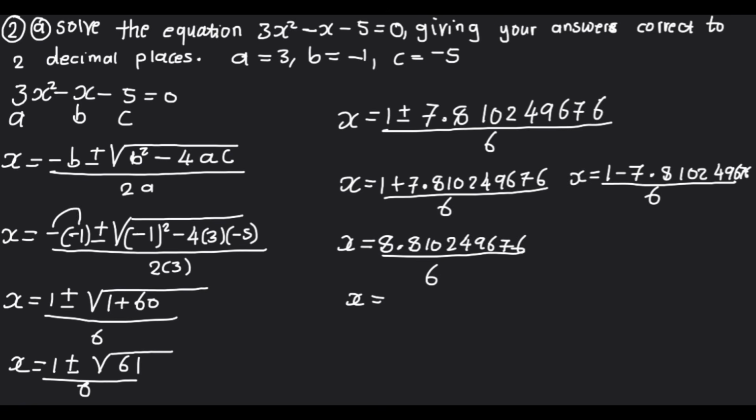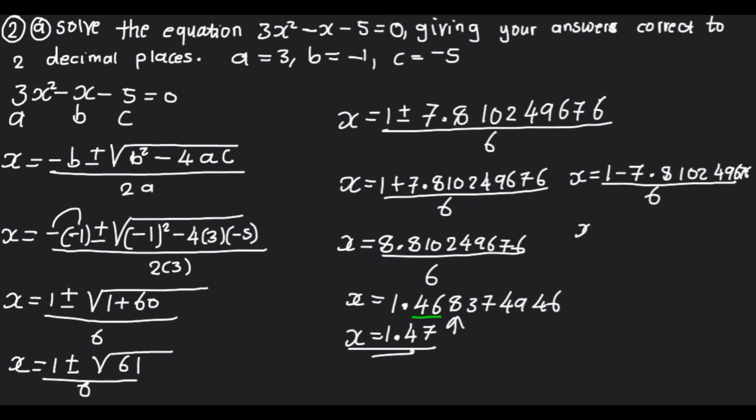Then if we divide by 6, then I'm getting 1.4683744946. Then since we are told to leave our answer correct to 2 decimal places, we just want 2 numbers after the decimal point. So we are going to have 1.47, since the 6 becomes 7 because the number after it is greater than 5.